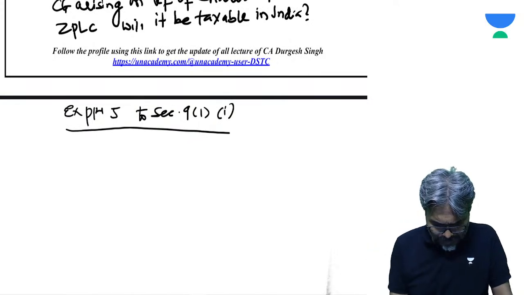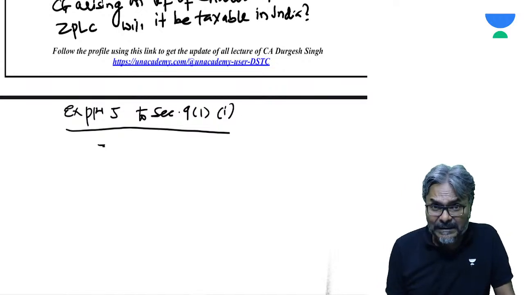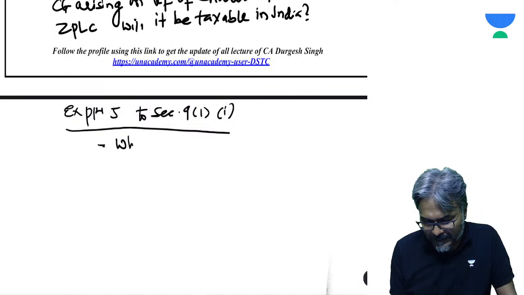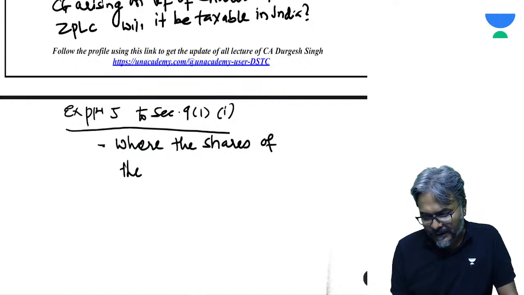In this context, students, here is Explanation 5 to Section 9(1)(i). Please take a note of it and reproduce it this way: where the shares of the foreign company, which foreign company?